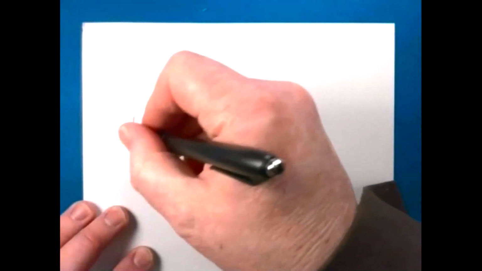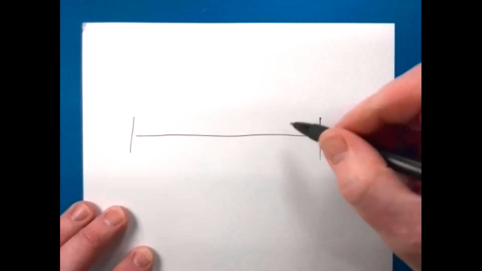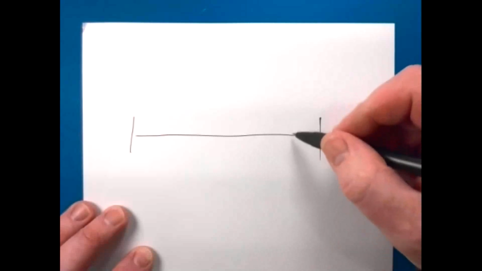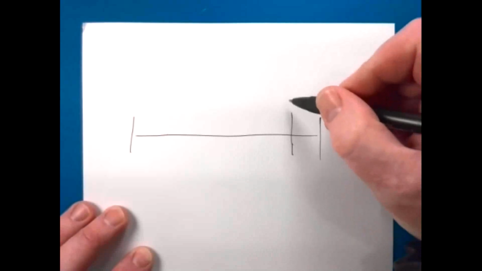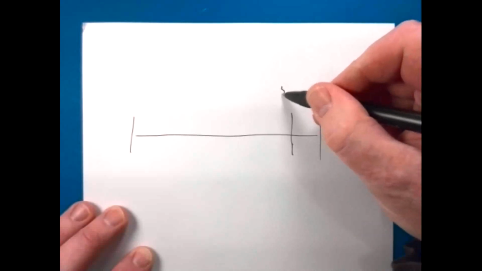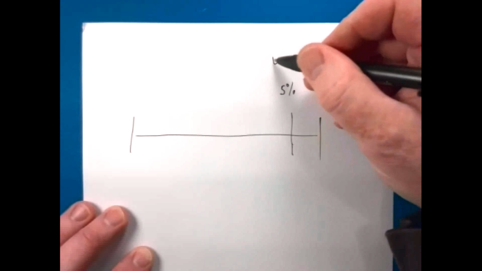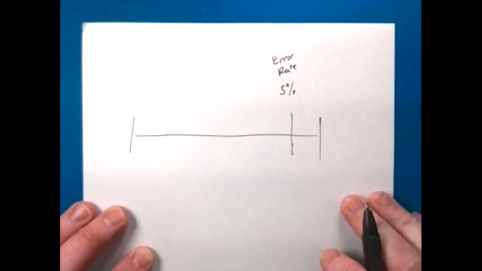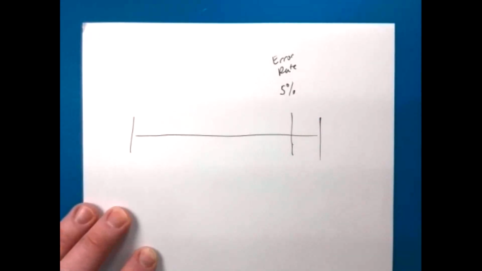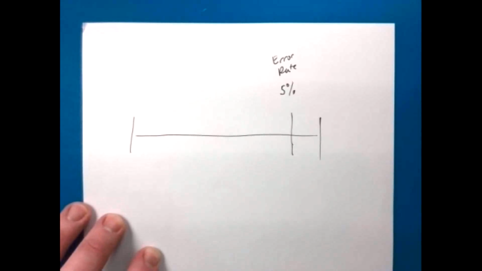Here's our sample, and this will be a little bit exaggerated, but it came out that 5% was the error rate. Now, there's also that allowance for sampling risk of 3%.